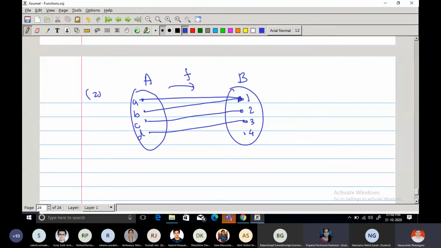Yes, sir. f is a function, but is it one-one? No, sir. A and B are distinct members of the domain, and f of A is the same as f of B. So this f is not injective, or not one-one, because two distinct elements are going to the same element.